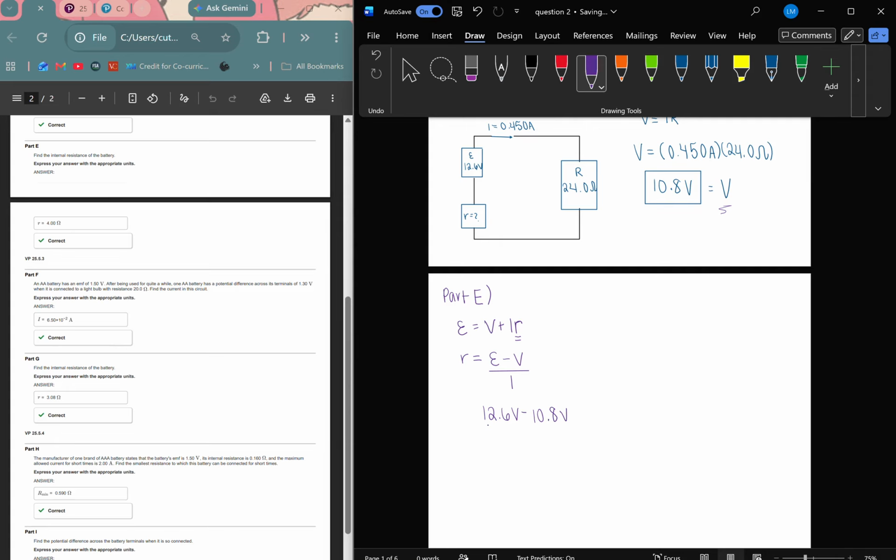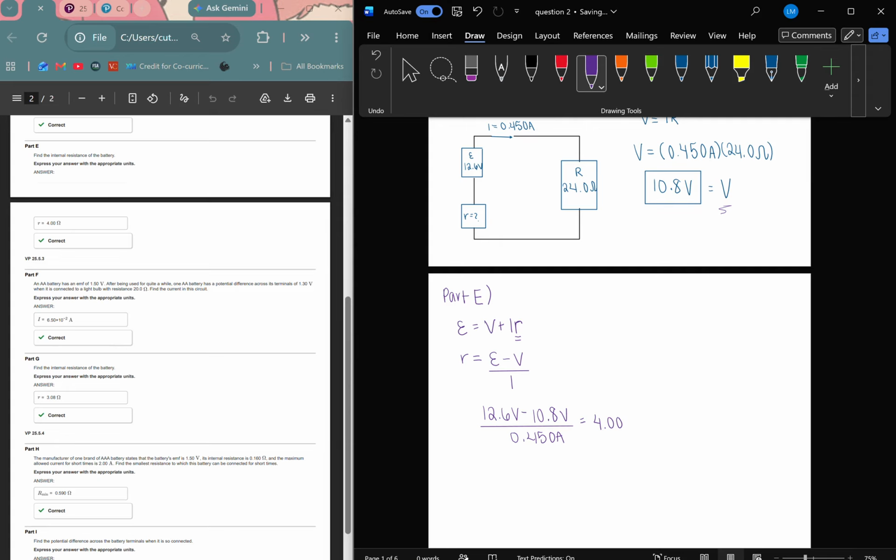And then we're going to divide by the I, which is the current, 0.450. So let's put that in the calculator. Okay, and what I got was 4.00.